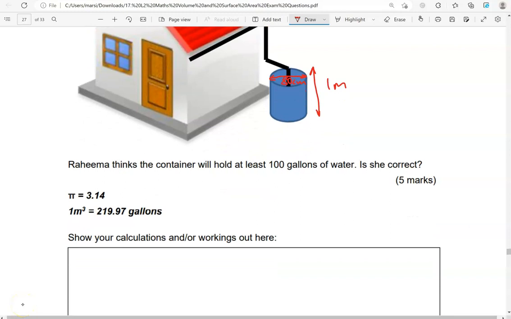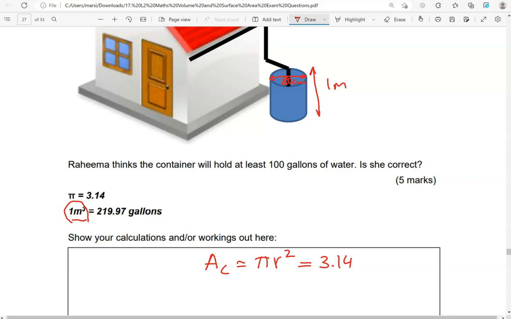Let's work out the volume first in cubic meters. So that will be the area of the circle first that we need to work out, the base. Pi r squared. So pi is 3.14 and the radius, that is 40 centimeters. I'm going to convert it into meters since we're going to work with cubic meters later.